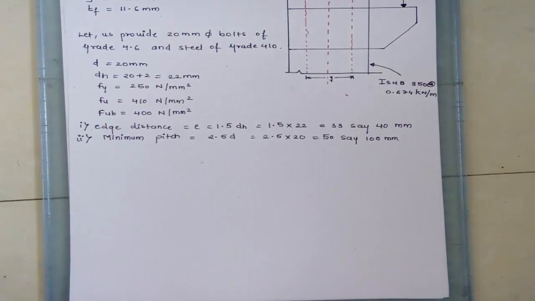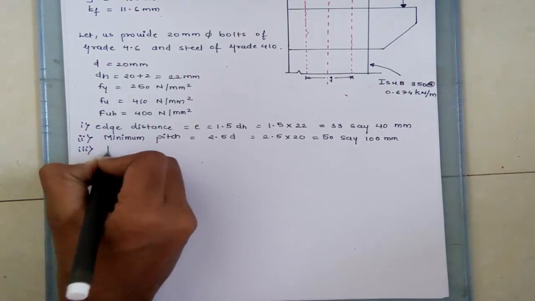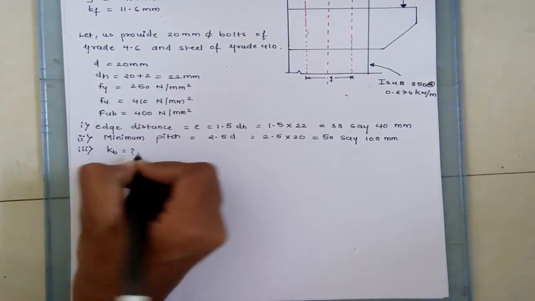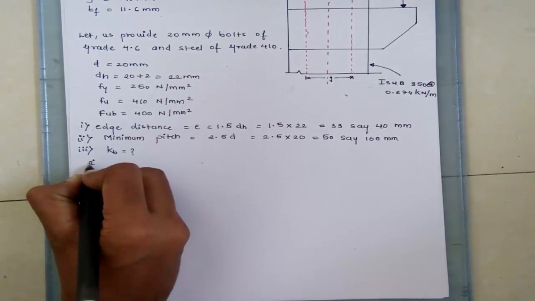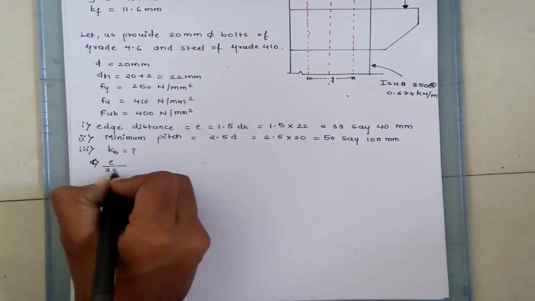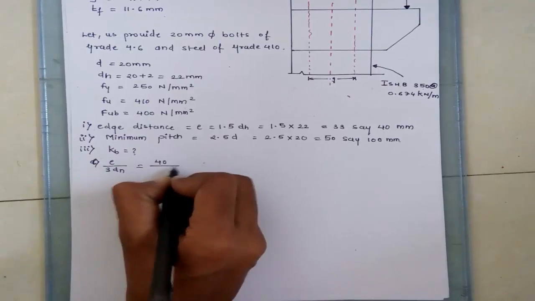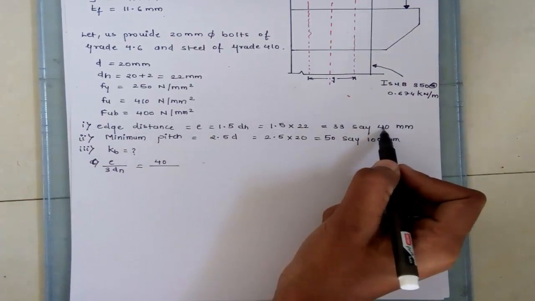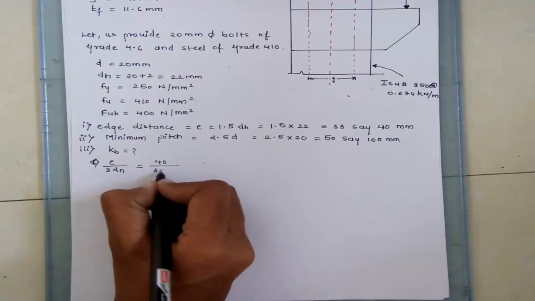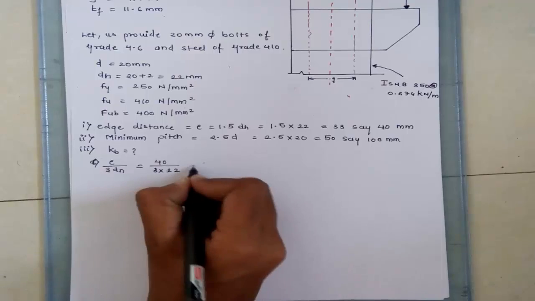After that, we have to calculate the value of kb. The first one is e upon 3dh. The e we already calculated, that is 40, and 3 into dh, that is the nominal dia.